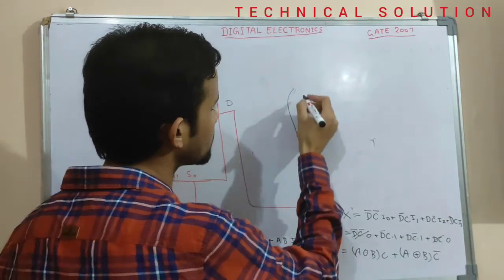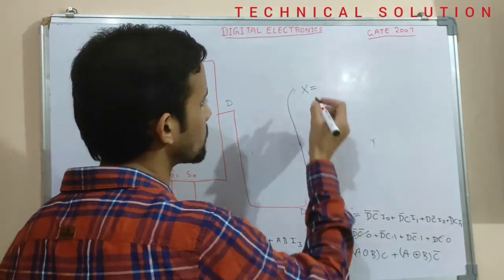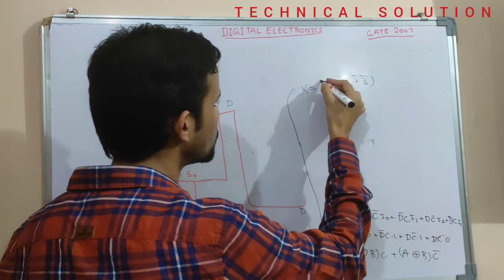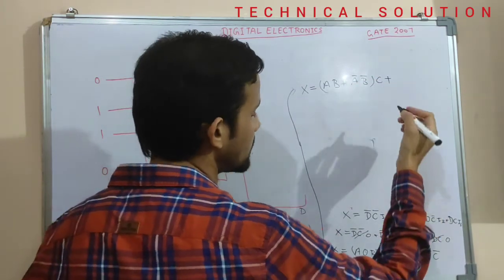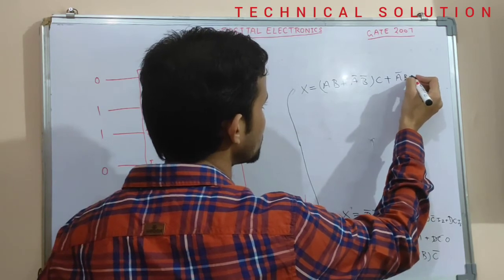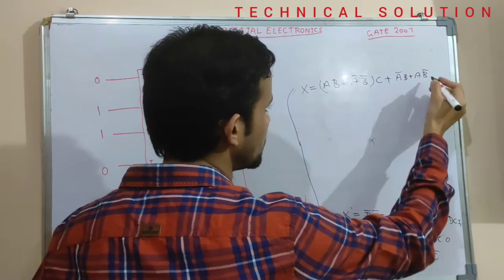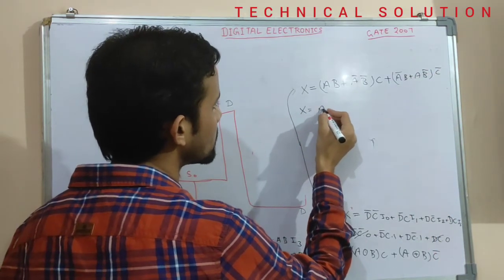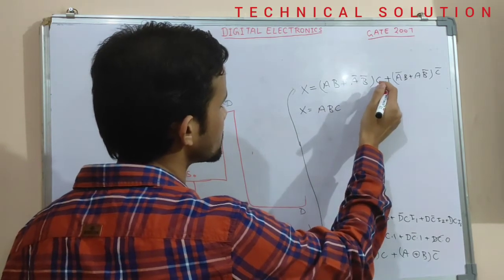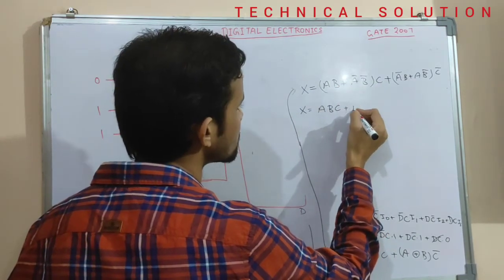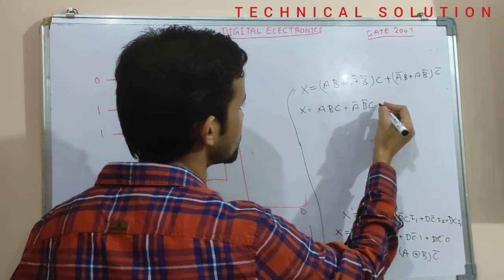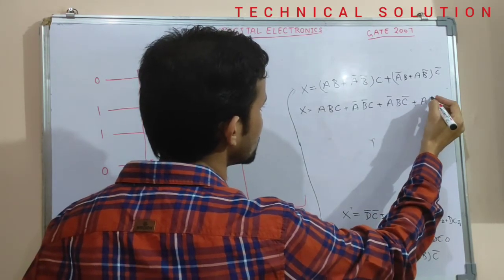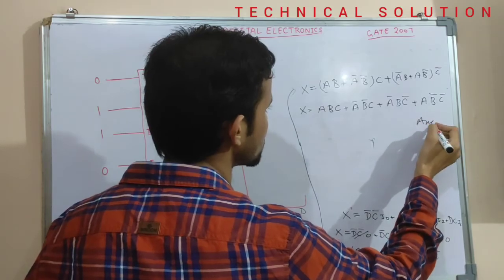If you solve it further, A XNOR B is given as A B plus A complement B complement, into C, plus A XOR B is given as A complement B plus A B complement, into C complement. If we expand it further, we get A B C plus A complement B complement C plus A complement B C complement plus A B complement C complement. This is the answer for this question.